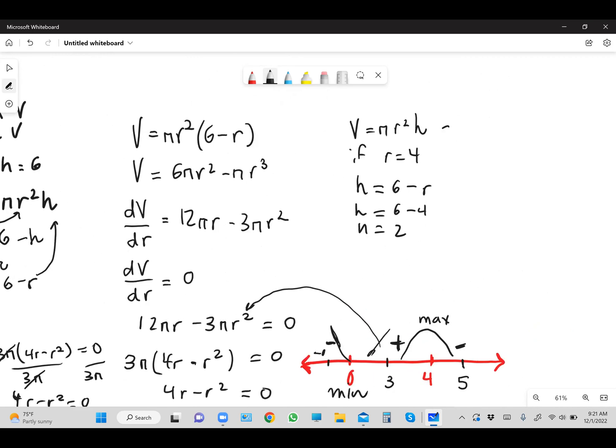So we have pi times 4 squared times 2, so pi times 16 times 2, and then you have 32 pi, and you're done. That's the volume for the max. The volume for the minimum will be 0. Make sense? That's it.